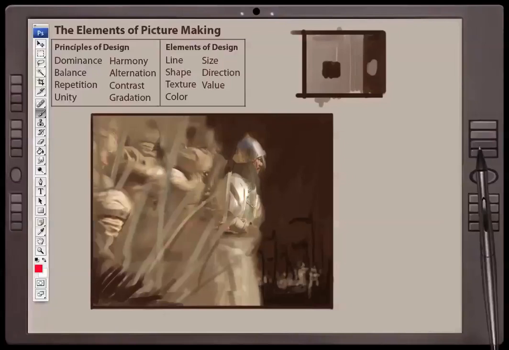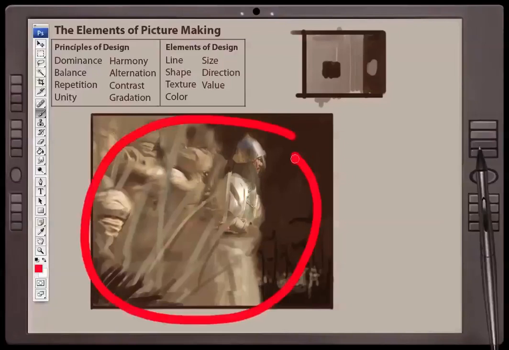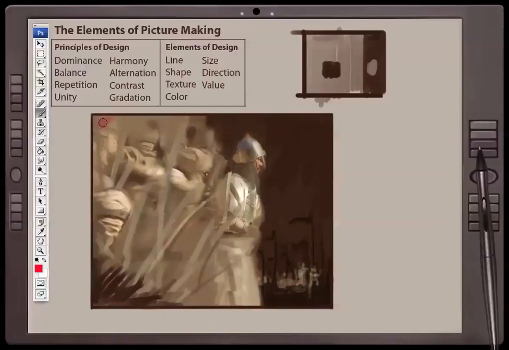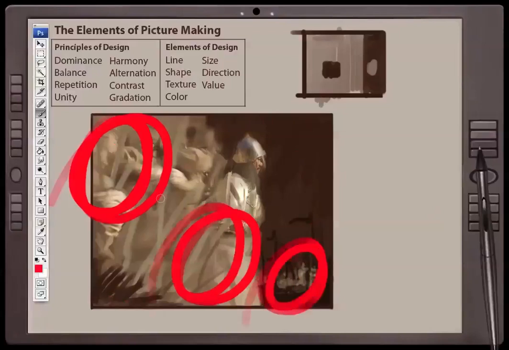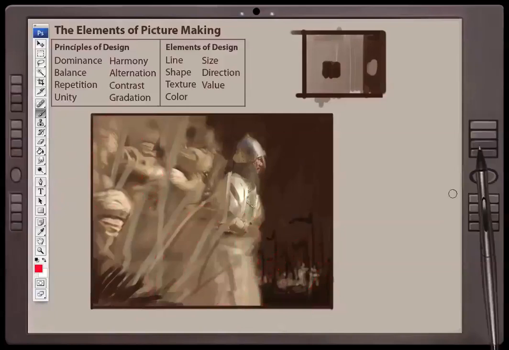Through balance, you also are able to establish unity and harmony when there is an equal distribution of weight throughout the entire picture area. So if I have a light value over here, and then I have a light value here and a light value here, I'm distributing that light value around the picture area, and this helps to create unity.